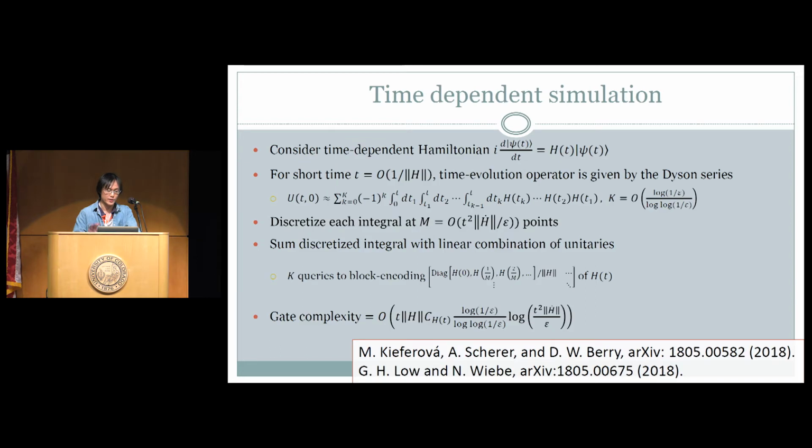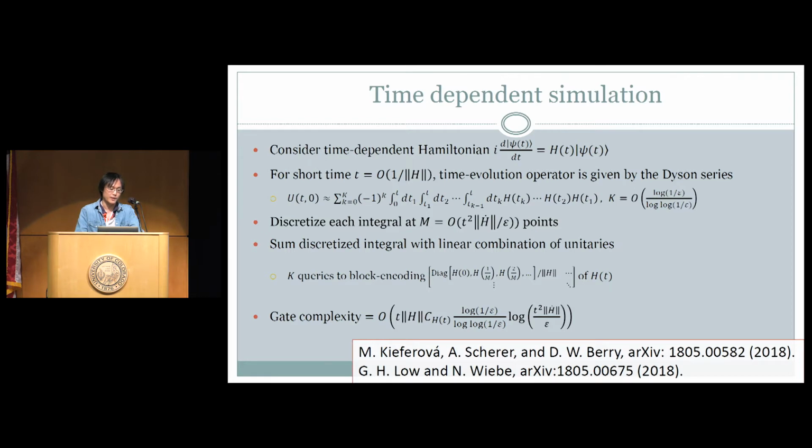Our interaction picture simulation algorithm is built up by combining this LCU approach with time-dependent simulation. So when I introduced simulation earlier, I was looking at the time-independent case, but we all know that in the general case, Hamiltonians can be time-dependent, and we want to find out what is the time evolution operator that solves the time-dependent Schrödinger equation. So this is no longer a simple exponential of just two terms.